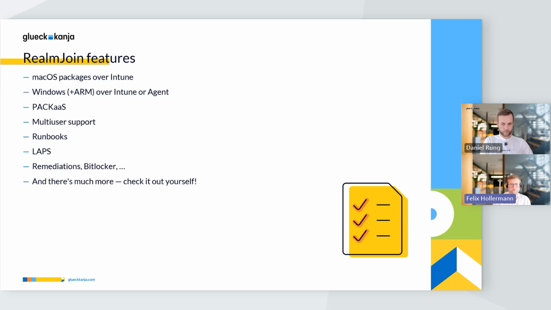On Windows, we have our own RealmJoin agent available. It's much simpler and better than the native Intune deployment because you can trust it, and it is much faster than the normal Intune deployment, especially when you have big packages like CID packages.